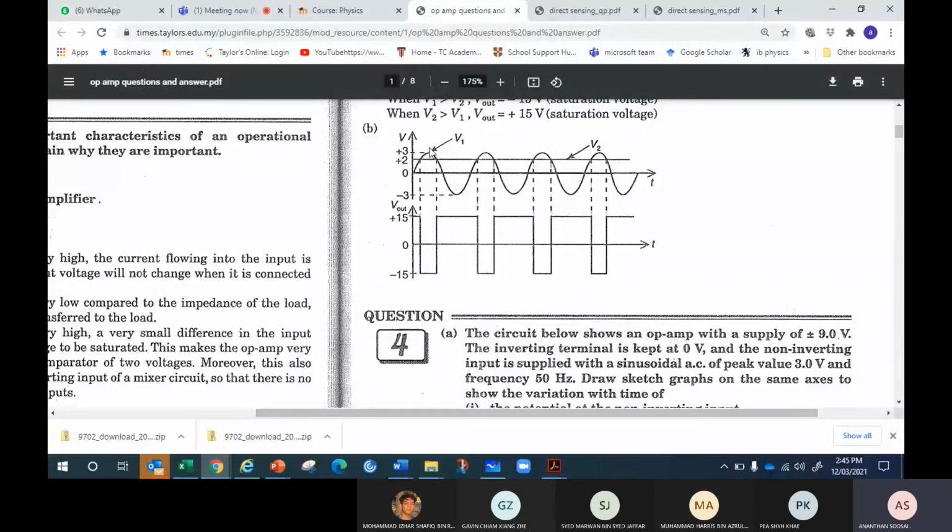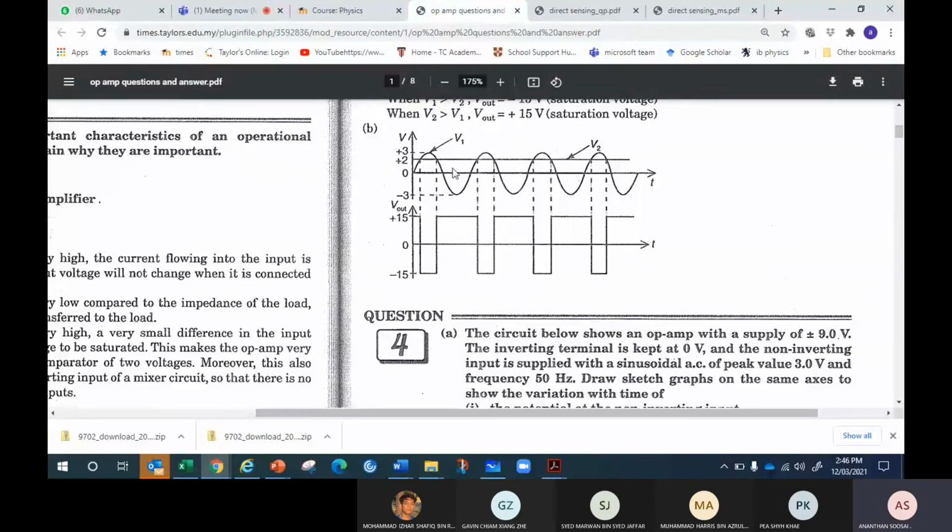The negative input becomes greater than the positive input because this hump is greater than the flat line. During this duration, the negative determines the output, so it's inverted. The 3 volt becomes negative 15 throughout, because the winner is negative.